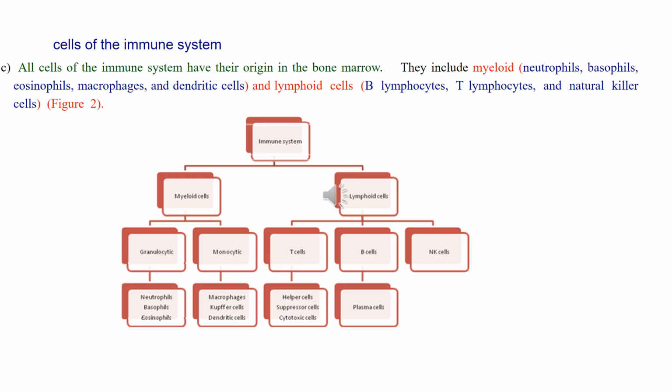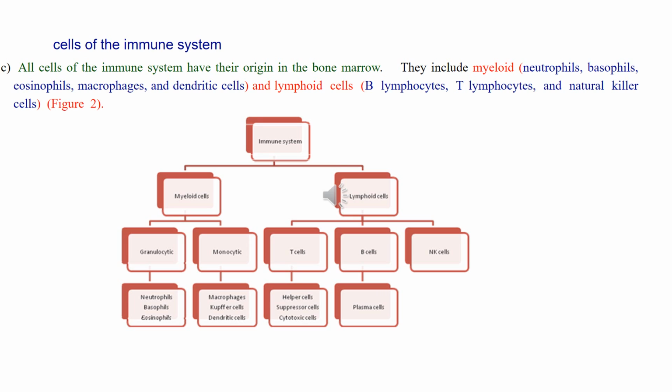They include myeloid cell lines like neutrophils, basophils, eosinophils, macrophages, and dendritic cells, and lymphoid cell lines like B lymphocytes, T lymphocytes, and natural killer cells.